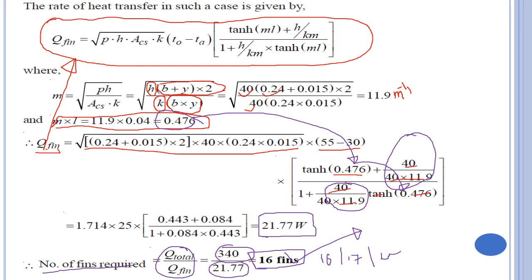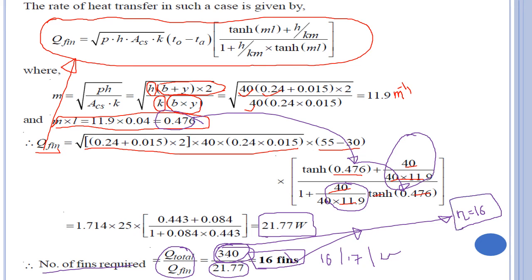So here you can see, if we want to transfer 340 watt of heat from the motor body to maintain 55 degrees Celsius temperature, the number of fin required is equal to 16. So now friend, you can understand what is the significance of this subject.